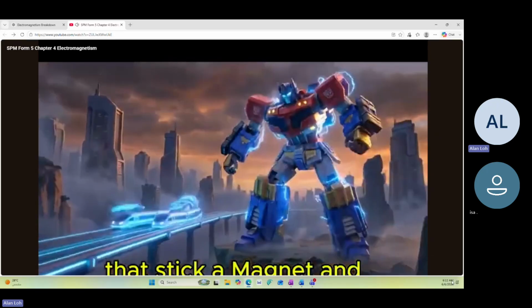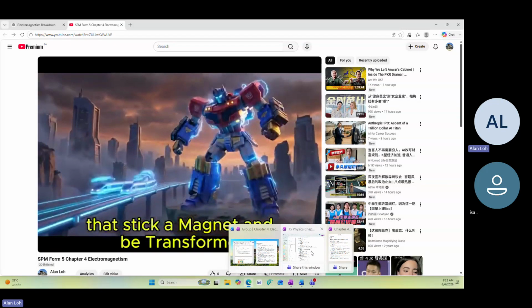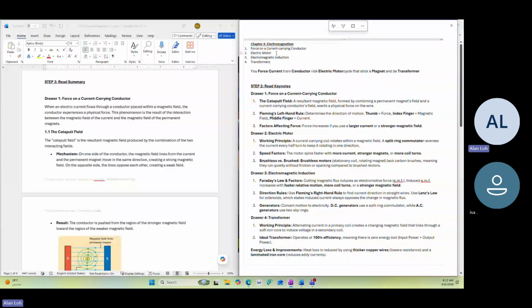So that is the story for you to be able to remember the 4 drawers' names. So now you have current carrying conductor, which is you force current train conductor to ride an electric motorcycle.